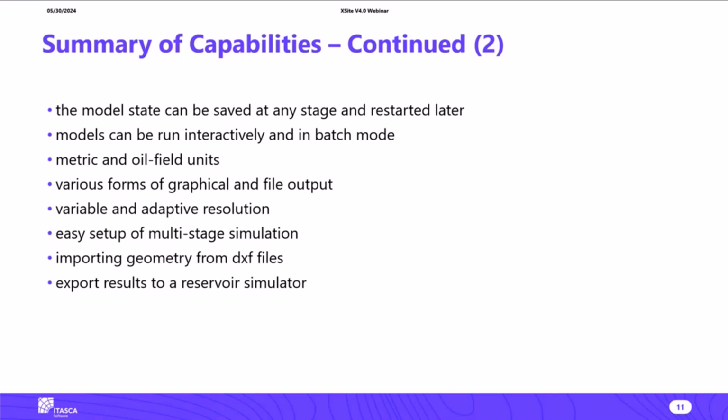The code can use variable and adaptive resolution, meaning that the resolution within the model can be optimized so that we use fine resolution in the area of interest, and then coarser resolution farther towards the boundaries to basically save on model size.